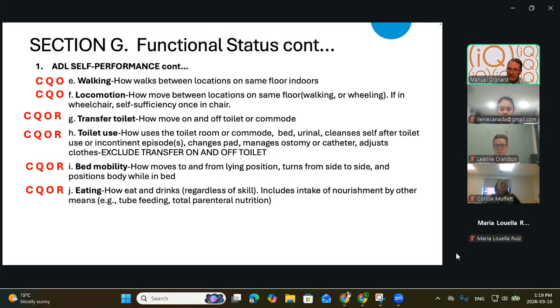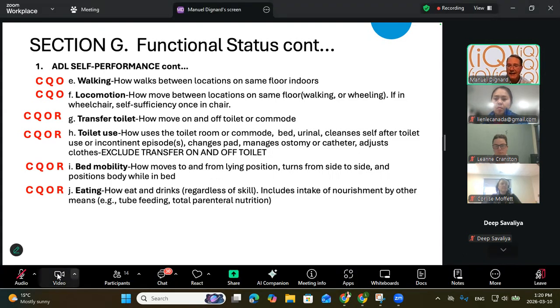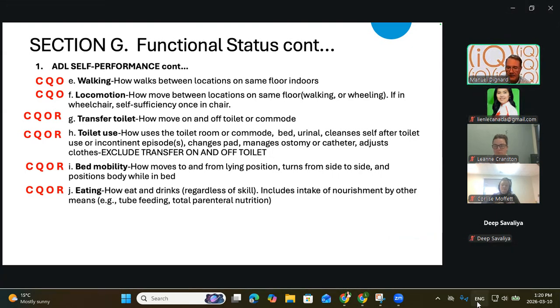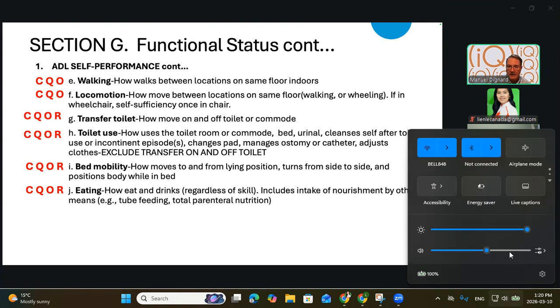We do that in the toilet use. Here we're focusing only on the transfer movement and how much physical assistance is required. So if we have someone who does not use the toilet or the commode, then toilet transfer is always going to be an 8, right? If they're fully incontinent or they have a catheter and they have an ostomy and they don't use the toilet or the commode, then it would be an 8.